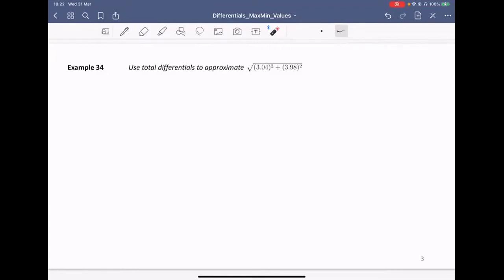But in calculus, we learn how to do this question without a calculator. We're trying to appreciate the application of differentiation. So we are going to do this one without using a calculator, and you will see that you can do this one by hand and get the approximation of this term.